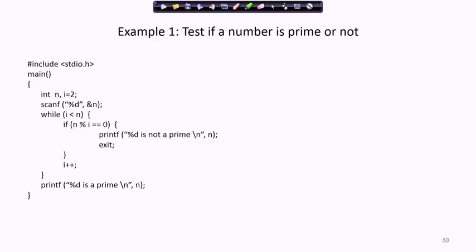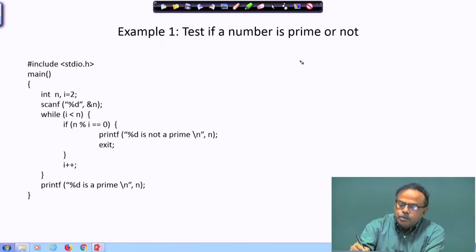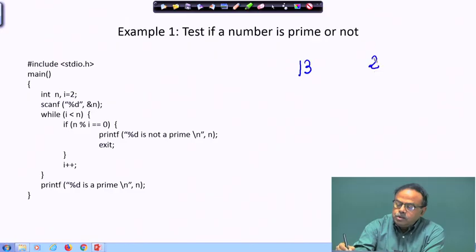Often the program can be correct, but it is not very efficient. What do I mean by this efficiency? Say, if we look at this program, and again I take the earlier example, that suppose my n is 13, and I start with the value of i to be 2.